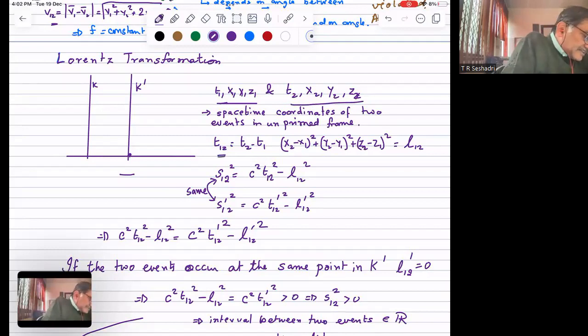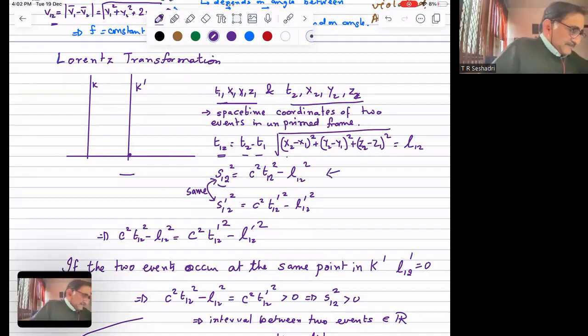The time between them is equal to T2 minus T1, and the distance between them is this. And so the four-dimensional line element S12 is given by this, where 1 and 2 are the two events.